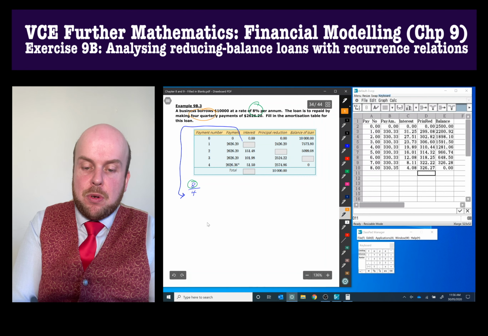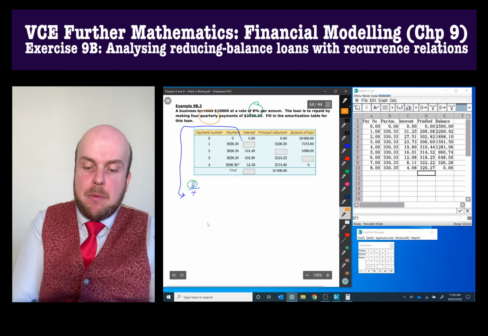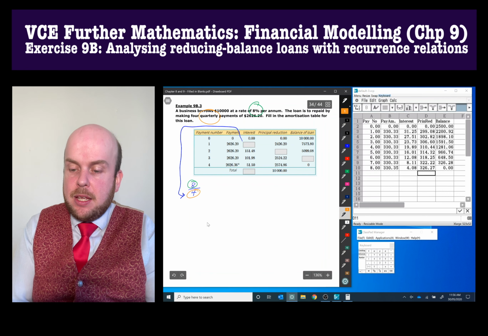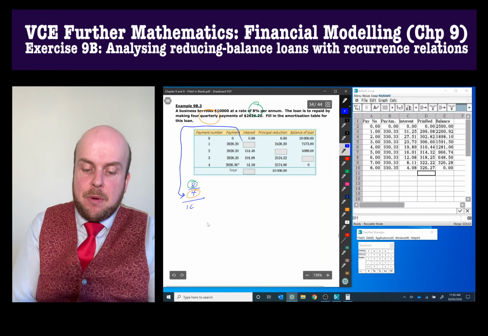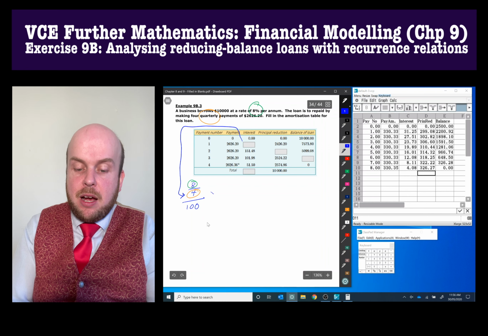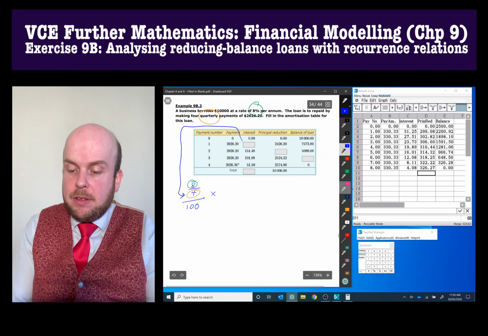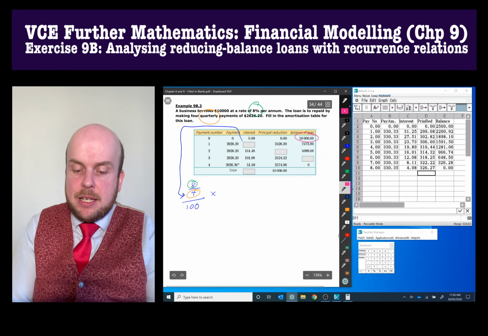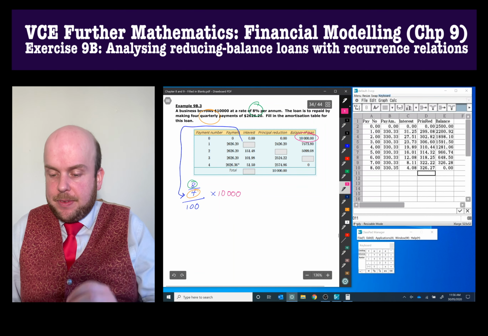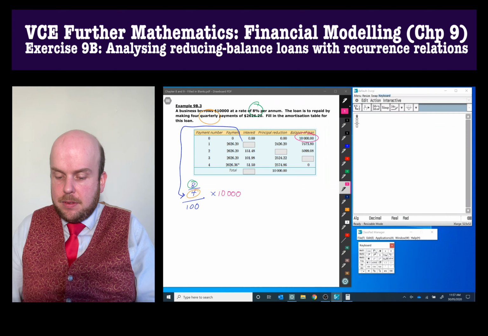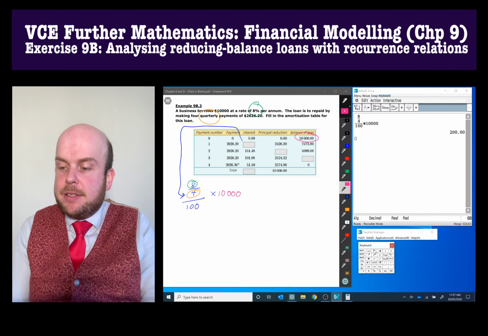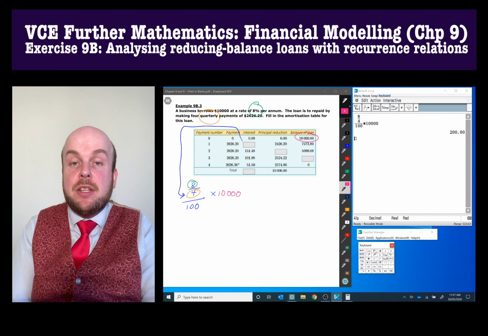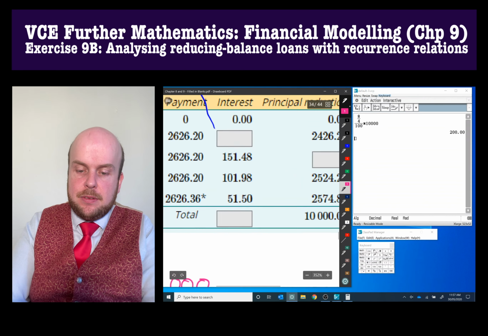That was the quarterly repayments. And then we're going to divide that by 100. And then times it by the previous balance in the loan, which is this one here, this 10,000. And this will tell me the fee. And as you can see here, our fee amount is $200.